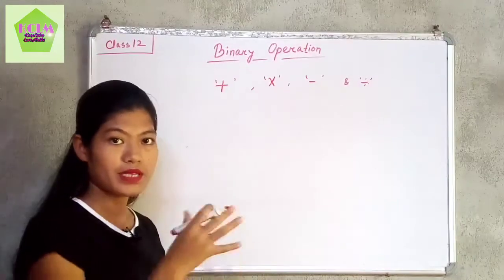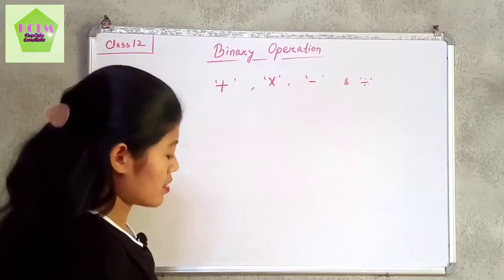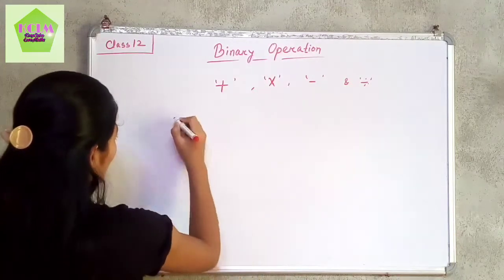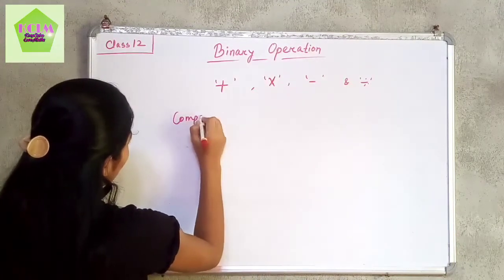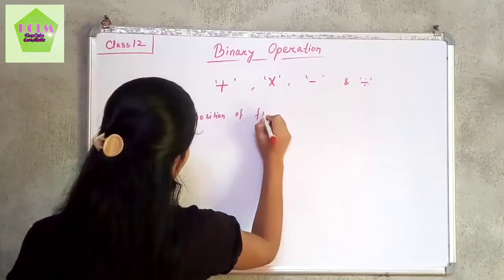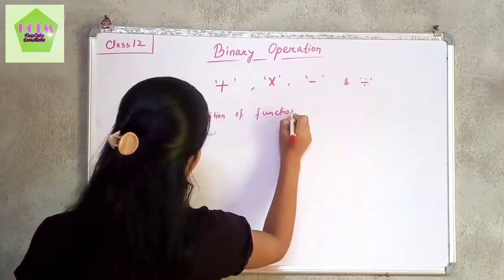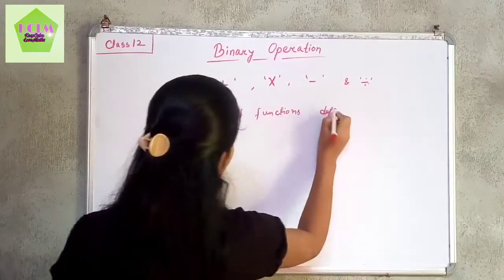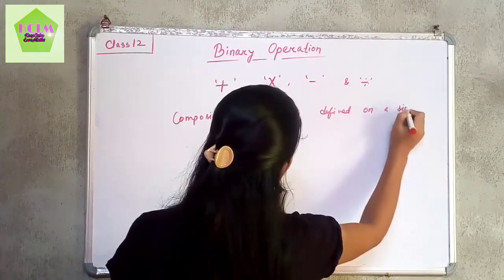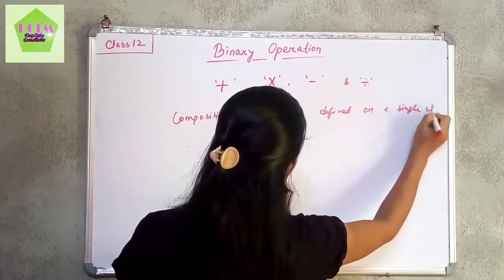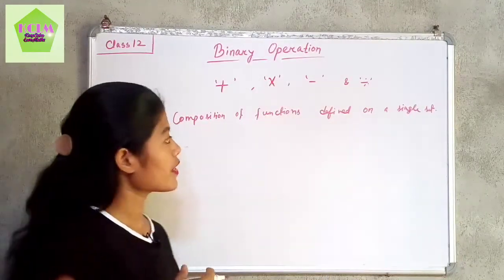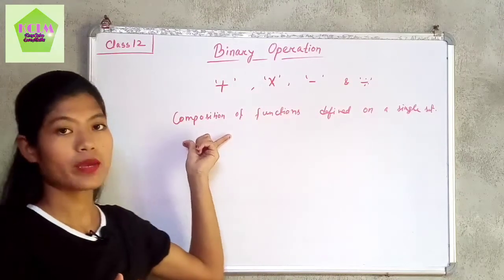These are the basic binary operations, but there are also some other binary operations: composition of functions defined on a single set. Sometimes composition of functions defined on a set will also be a binary operation.